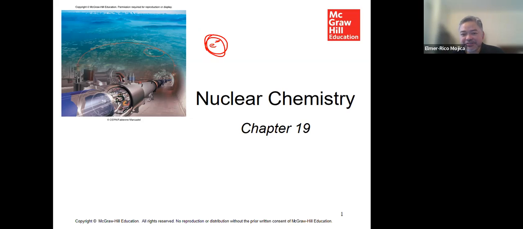Now, nuclear chemistry is usually the study of the nucleus of the atom, the study of reactions involving energies in atomic nuclei. The history of nuclear chemistry is a little over 100 years old. It started when Antoine Becquerel discovered natural radioactivity, and it grew because of the Curies.